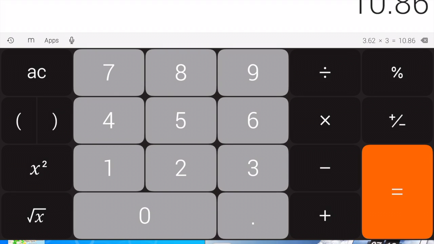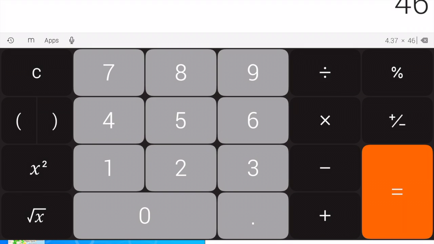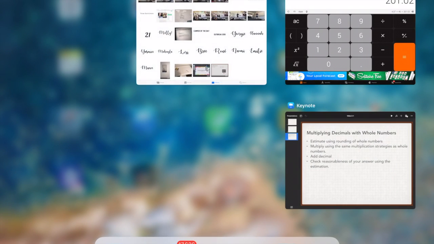So if you have access to a calculator, you can also use the calculator as a checking method. For the second one, we had 4.37 times 46 equals 201.02. And once again, you can see that we have the correct answer.